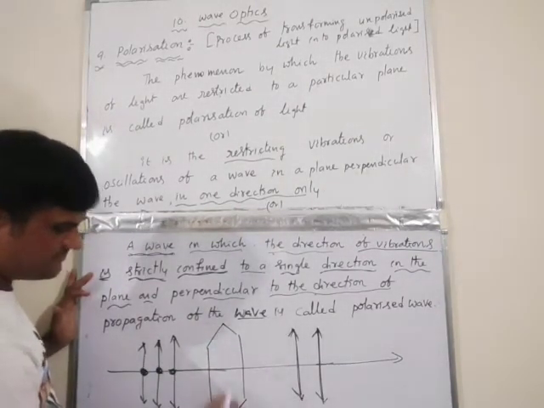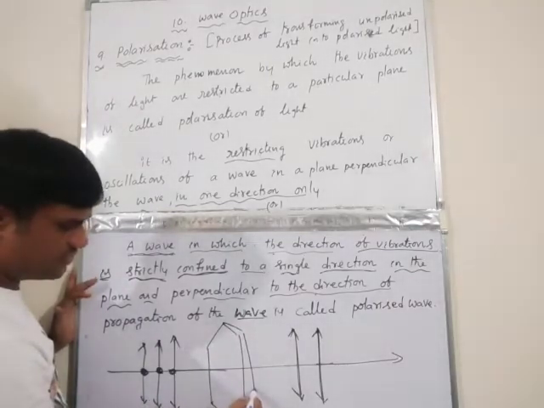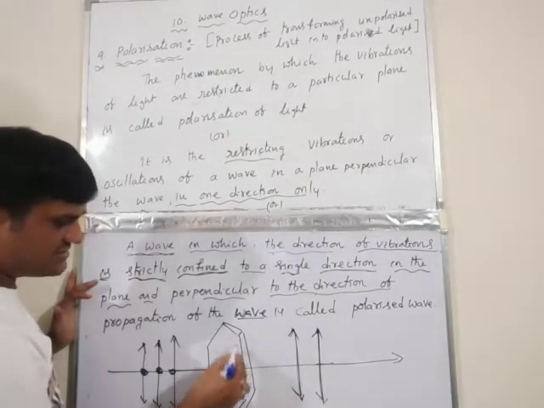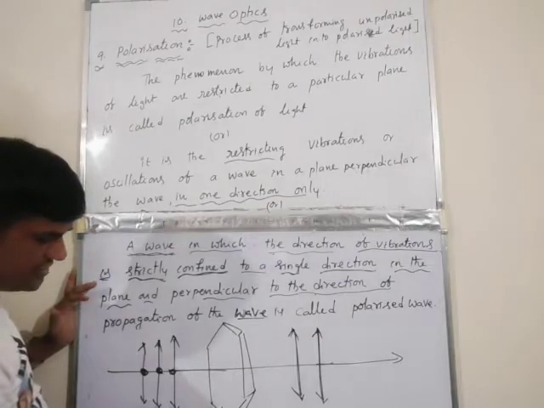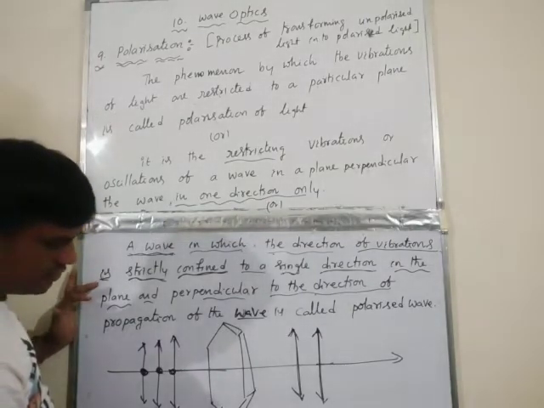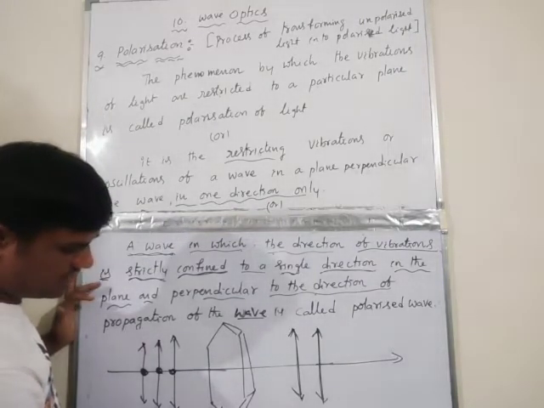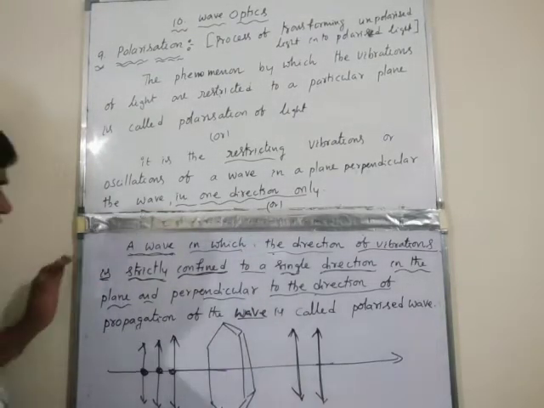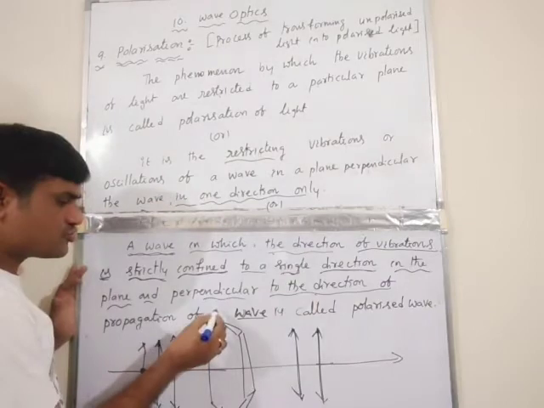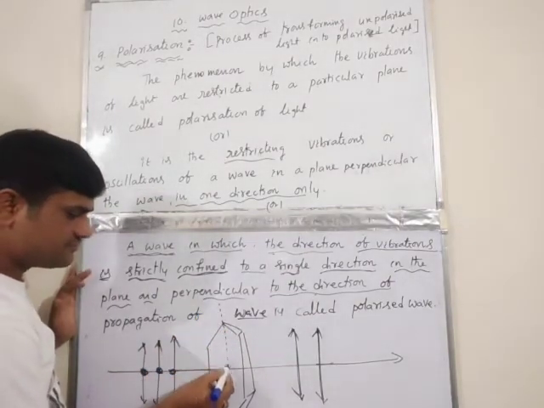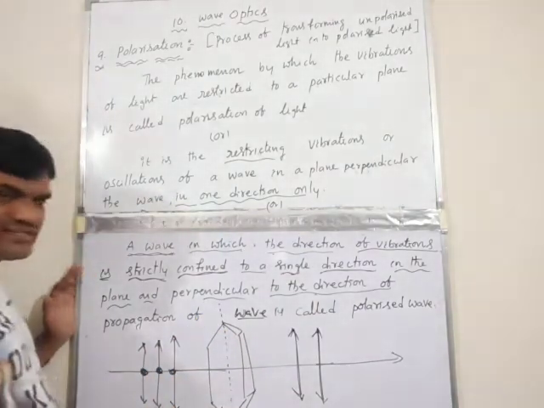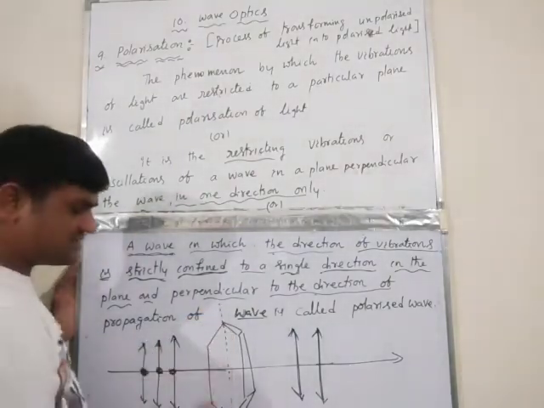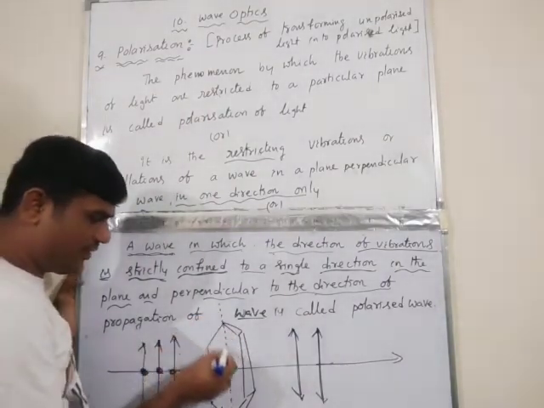Here is one important word I mentioned. What is that? This is nothing but Polaroids. Polarizers are also Polaroids. These Polaroids have one axis, that is the pass axis.